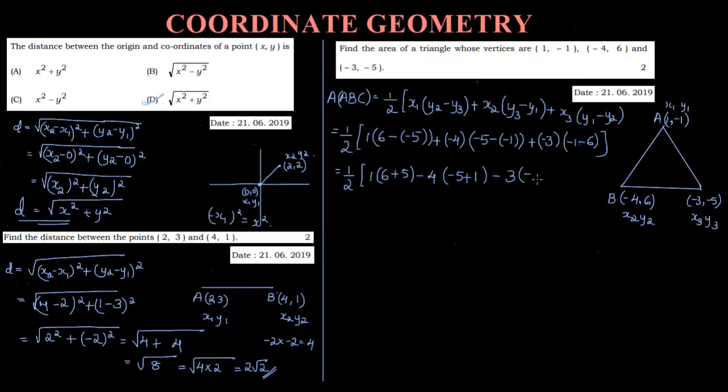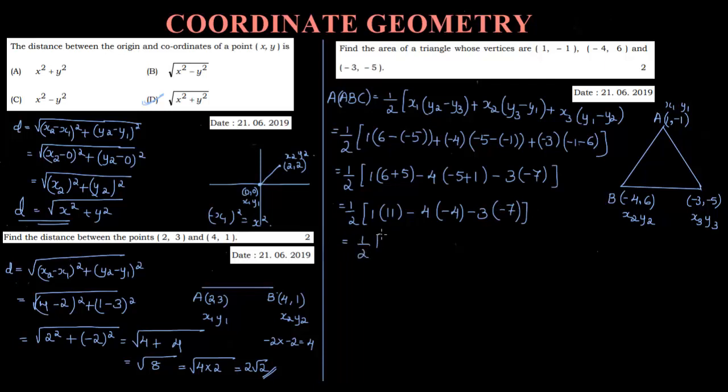So you are going to add it and write the bigger number sign, right? So what are you going to get now? 1 into 6 plus 5, it is nothing but 11, minus 4, minus 5 and plus 1. 1 is negative, 1 is positive. You will subtract and write the bigger number sign. Then minus, and here minus 7, minus 3 and minus 7.